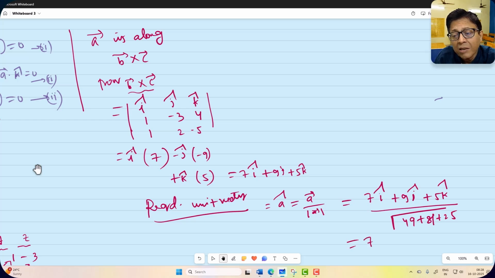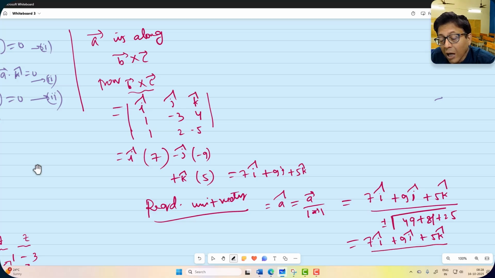Same, you can always put plus minus over there. 7i 9j 5k, if instead of giving the answer in terms of plus sign minus given, that also you have to accept. So this is going to be plus minus 155. So the option D only correct.